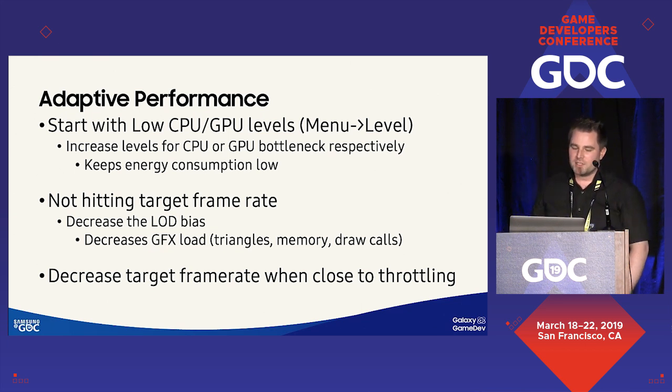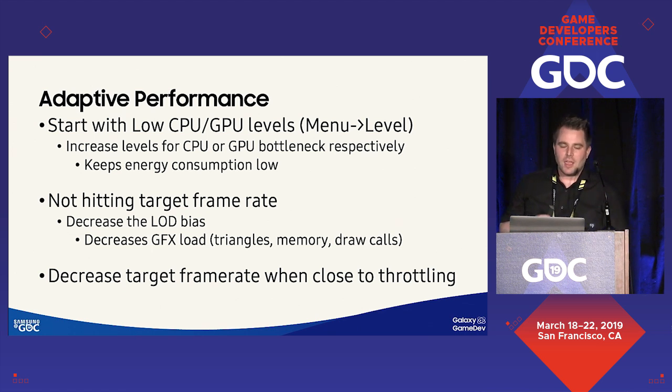The other thing we do is react to not hitting the target frame rate. When we are not hitting the target frame rate, we decrease the LOD bias, which is a substantial change in the visual representation of the game, but very necessary because it decreases the GFX load time. This is one of the things we have to do to make sure that the device doesn't get into throttling.